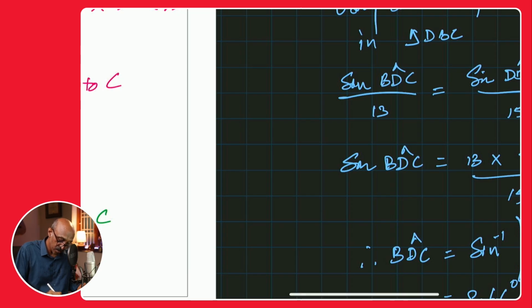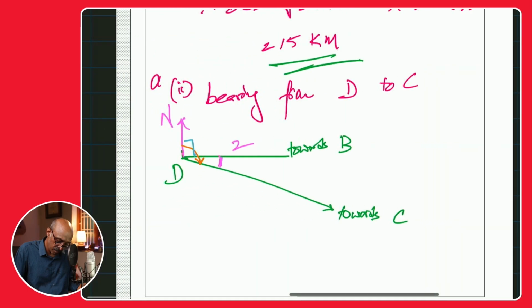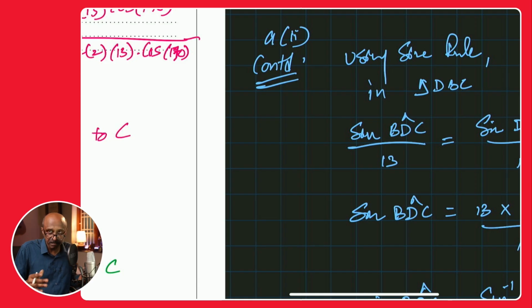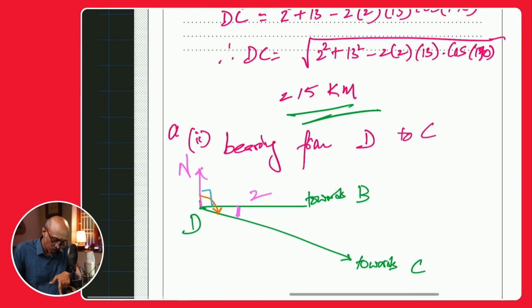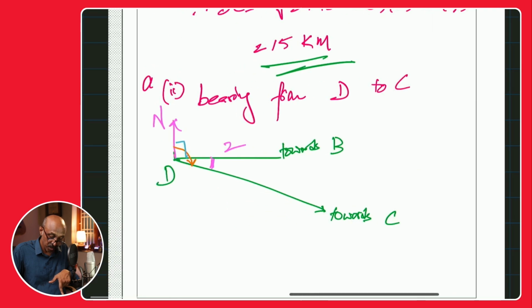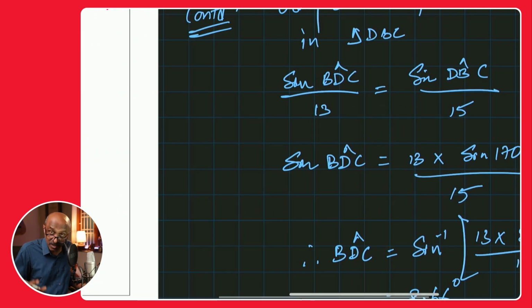So I can just write down what I should have written here, A part 2 continued. If you're writing on a different paper, again another tip, you can write down what that was, A part 2 continued. If you're finding the bearing, there you go, you use a sine rule to do that. So I've made several errors, and I'm going to keep this video as it is so that there's something we all can learn from each other's mistakes.